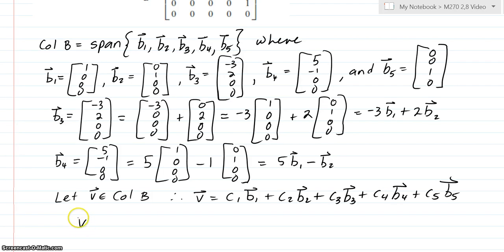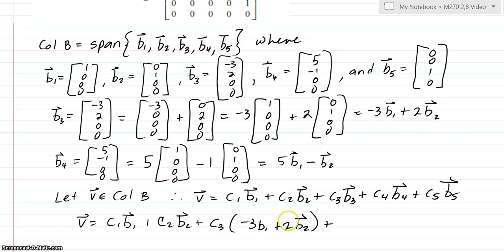So V is equal to, instead of B3, I'm going to plug this in. We know B3 is just -3B1 plus 2B2. I'm going to do the same thing with B4. We know B4 is 5B1 minus B2. And we still have that last term.